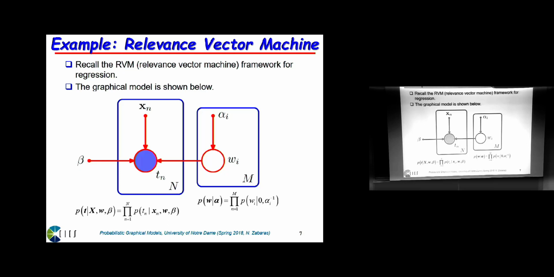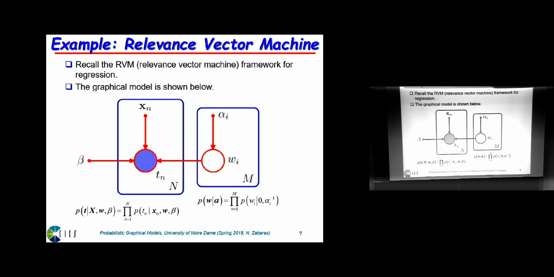On the mean? Well, basically we say, if this is a Gaussian, this Gaussian is going to be centered around 0. 0 means that W is not important, okay? And with some confidence defined by this precision alpha_i.